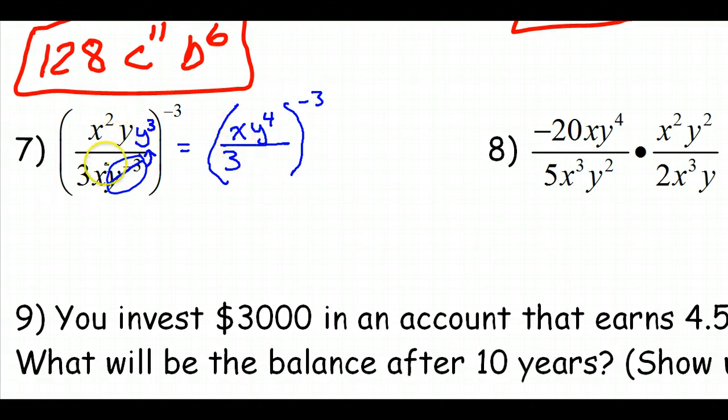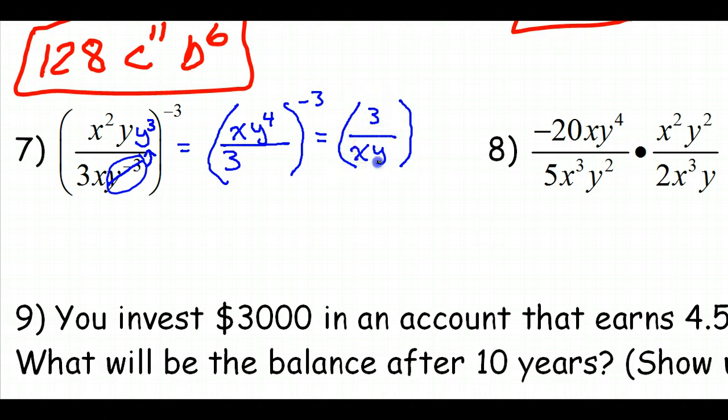Alright, so now I have simplified everything inside the fraction. You should always do that first. Now, if you have a negative exponent on a fraction, you're going to do the reciprocal. So what I'm going to do is I'm going to take this fraction, and the 3 is going to wind up here.